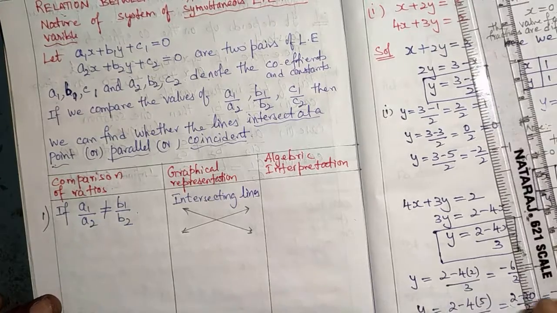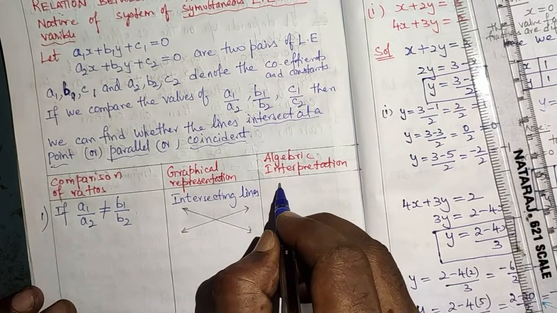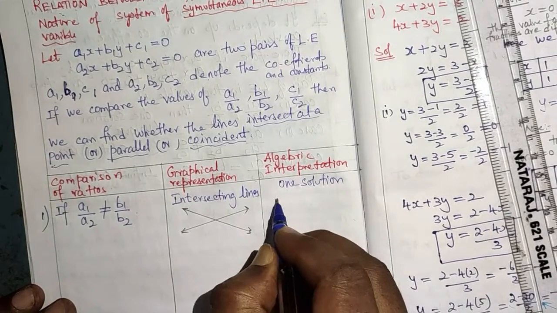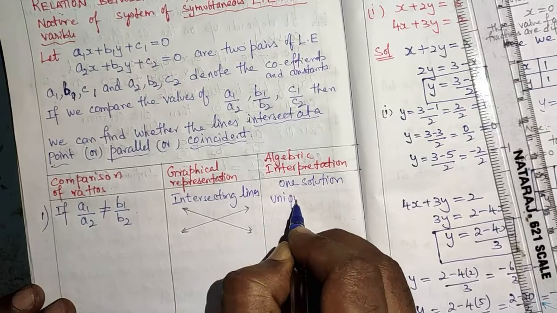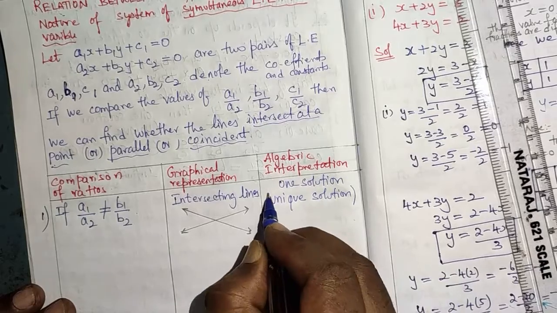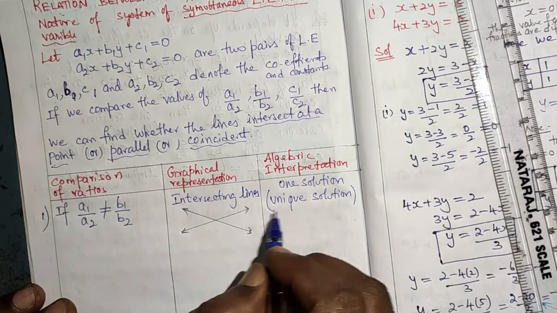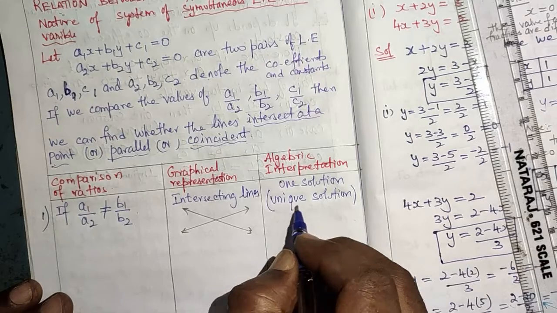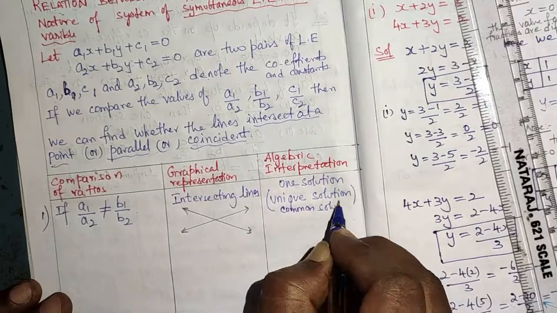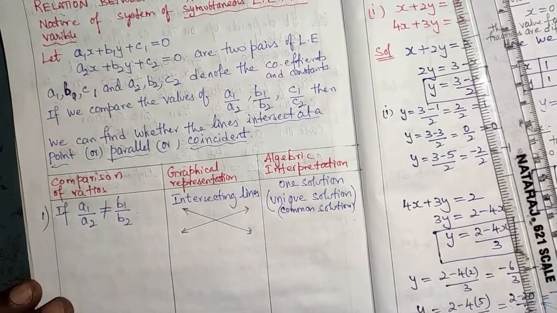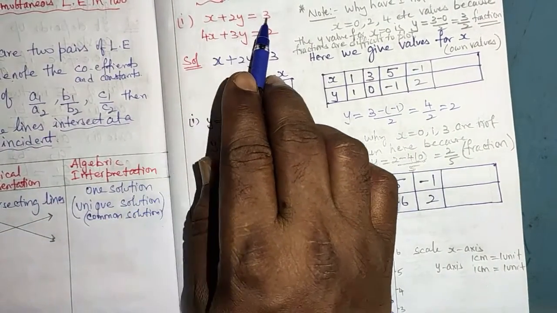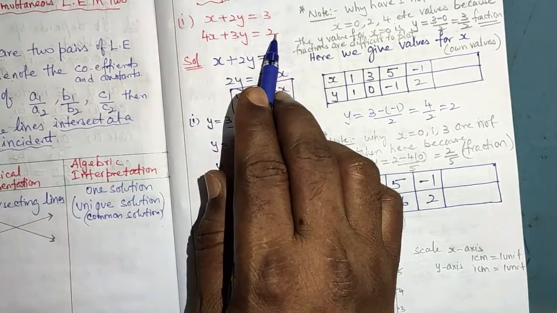Now, what is your algebraic interpretation? How many solutions do we have? One solution, and that solution is unique. What is the meaning of unique solution? Unique solution means whoever solves this type of equations, they will get a common solution. Take this example: x plus 2y is equal to 3, 4x plus 3y is equal to 2.